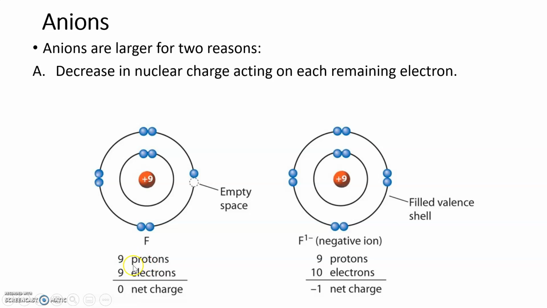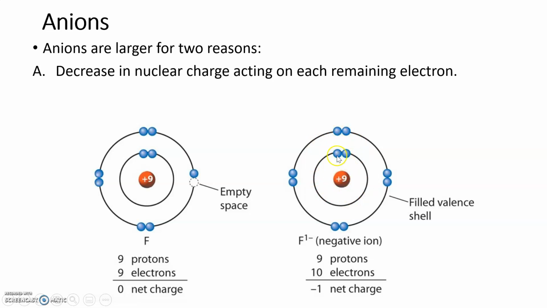In the atom, we have a 1-to-1 ratio, so that nucleus is able to pull 1-to-1 on every electron. But in the ion, fluoride, it's now less than 1-to-1. It's 9/10 of 1. So that nucleus is only pulling on those electrons about 90% of what it was. For that reason, it's not able to hold on to them and pull them in as tightly.